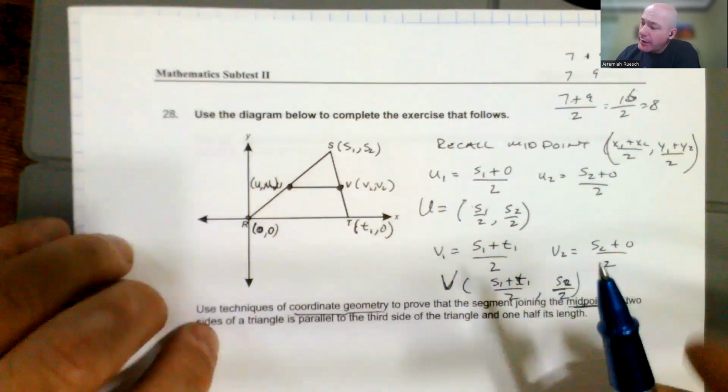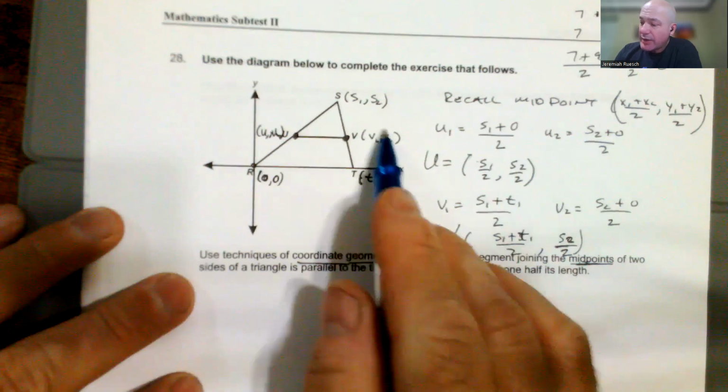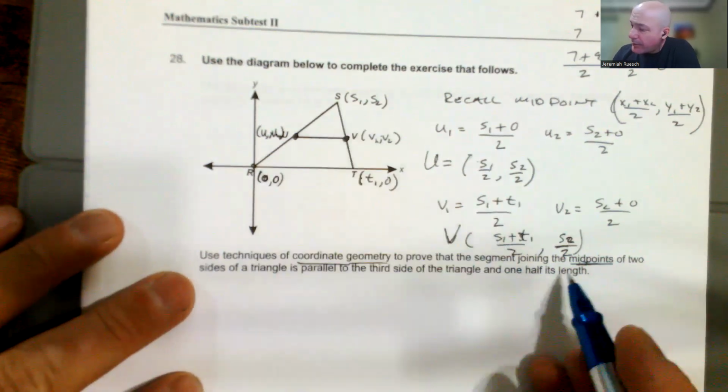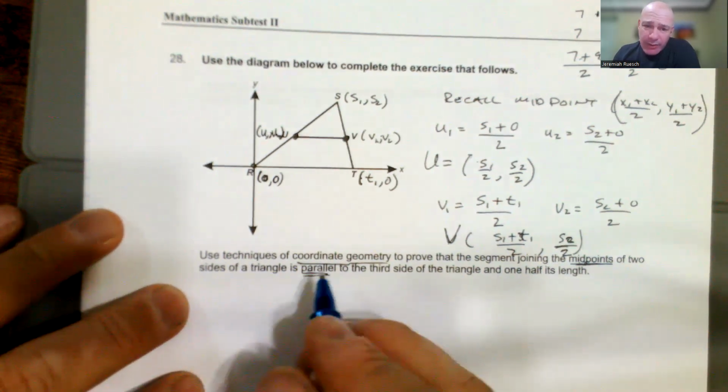Now that we have all of the geometry expressed in terms of some of the coordinates here, let's tackle the parallel. There are many ways to show two lines are parallel.